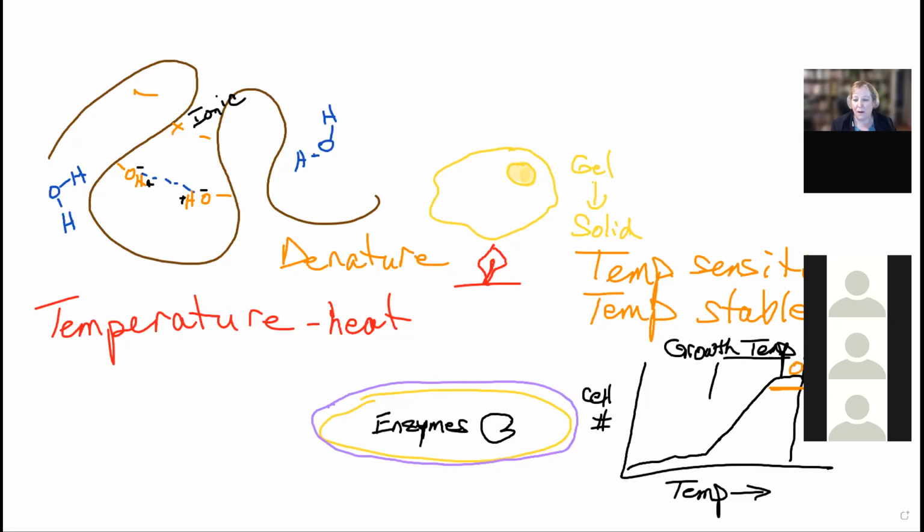We call that the optimum temperature. And different microbes have evolved to grow in different temperatures, depending upon which environment they have adapted to. So let's do some examples.